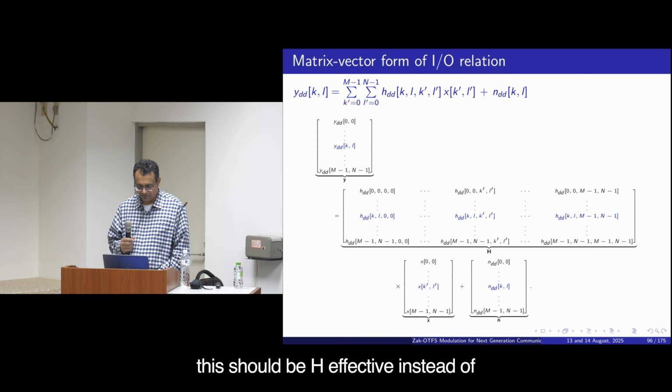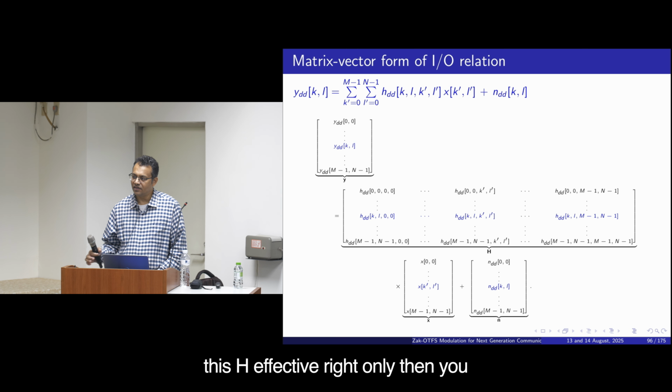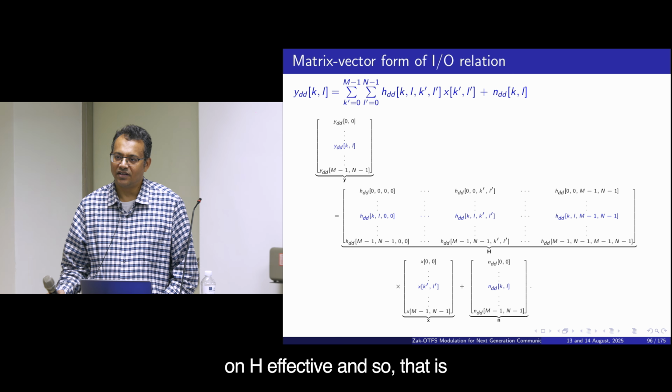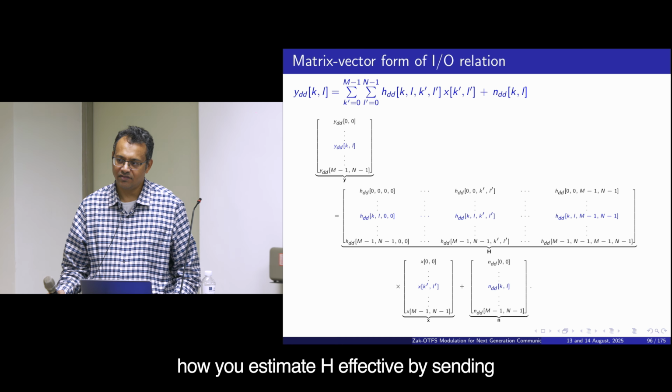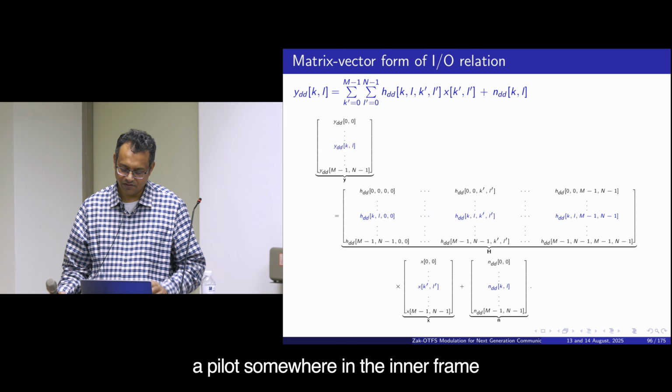This should be H effective instead of DD, this should be H EFF. Okay. See, if you want to do the equalization, you should know this H effective, right. Only then you can do equalization, because this matrix depends on H effective, and so that is how you estimate H effective, by sending a pilot somewhere in your frame.